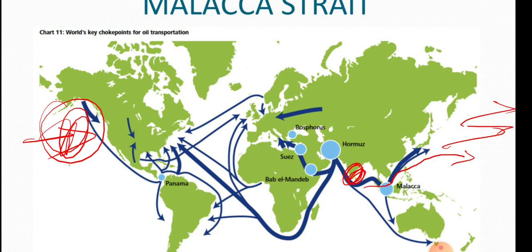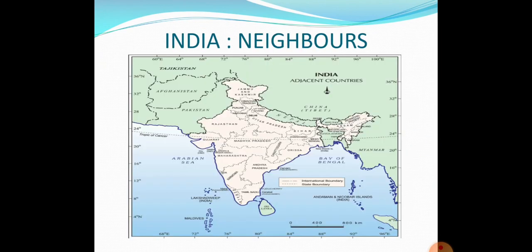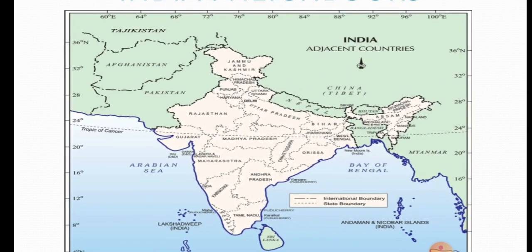So you don't need to go to Africa and then cross this ocean and Caribbean Sea and reach America. The short route is from India to Malacca Strait near Malaysia, and cross this ocean and you come out in the western part of America. So India holds very important position.